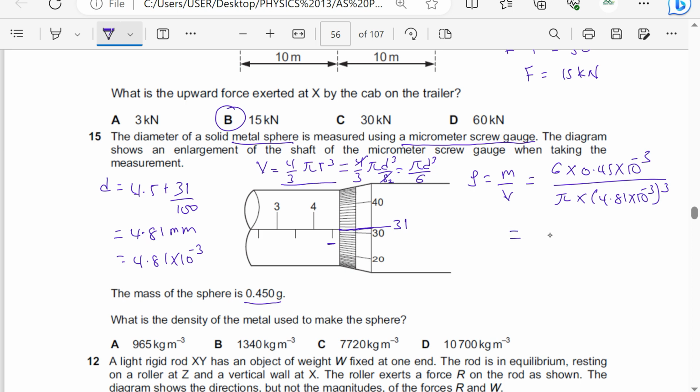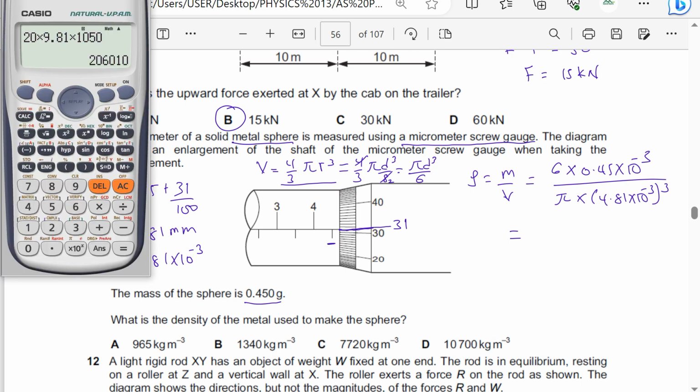So here I will just press my calculator. That is 6 times 0.45 exponent minus 3, divide by pi, open the brackets, 4.81 exponent minus 3.